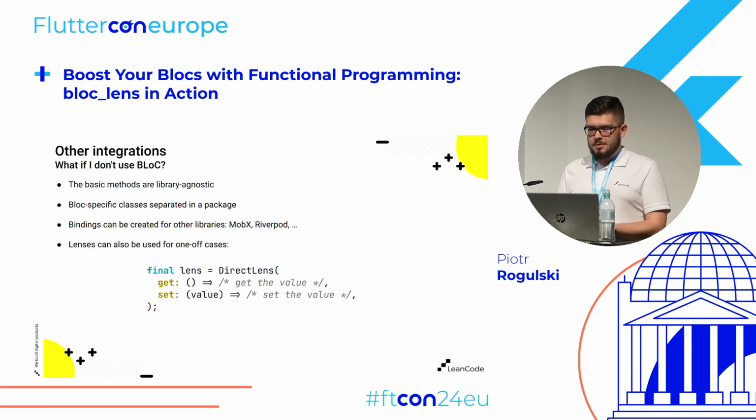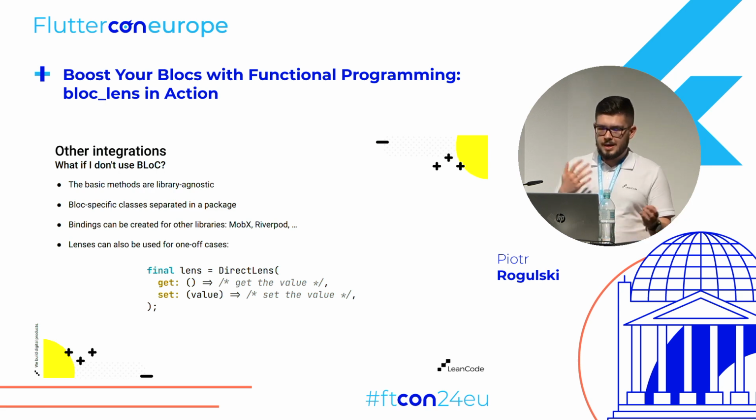Up to this point, I've been talking about block. That's what this library is all about, almost. But what if you don't use block? There are many other state management libraries out there, and you might not want to suddenly migrate to block just to use one specific package. But don't worry, the base of this package is completely agnostic.